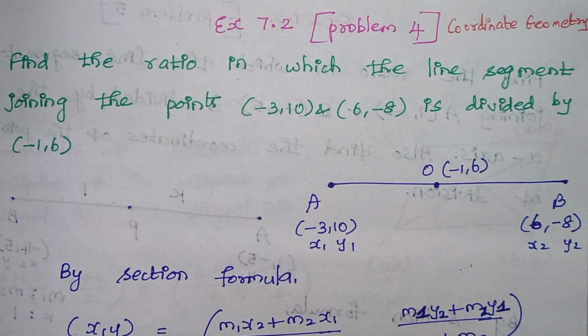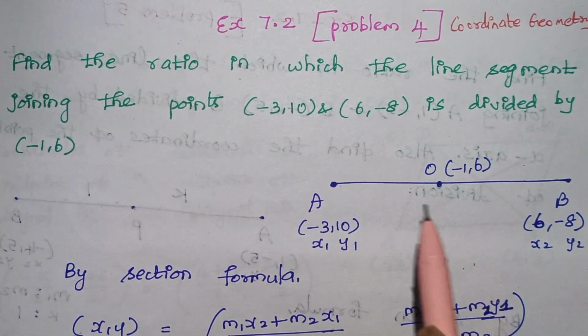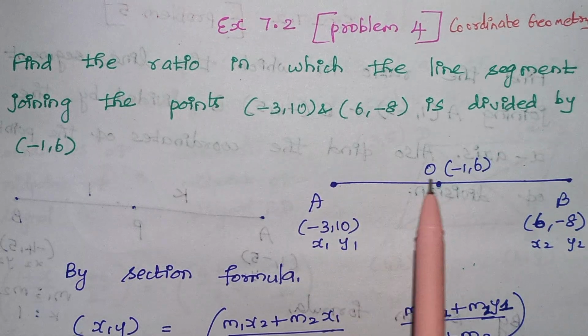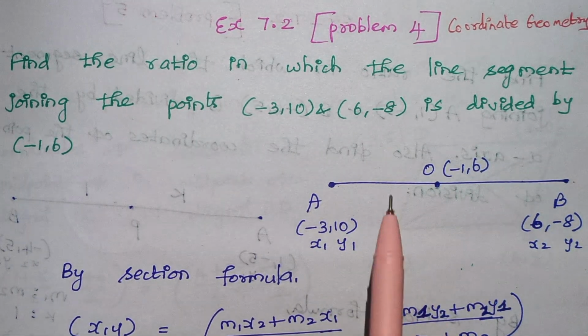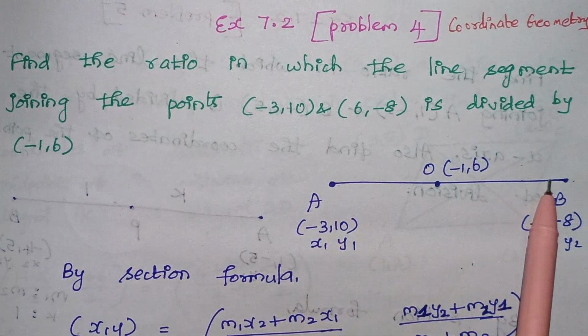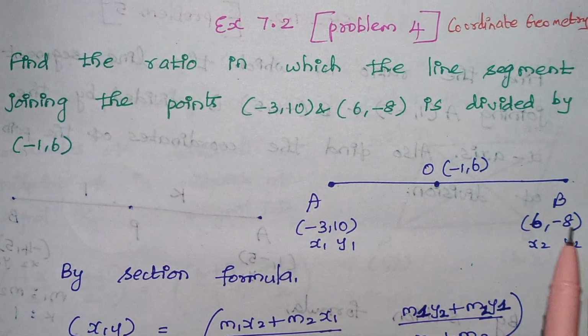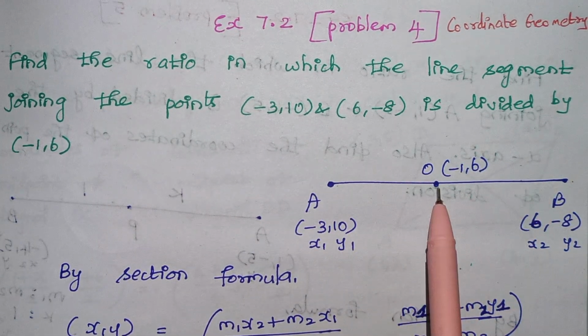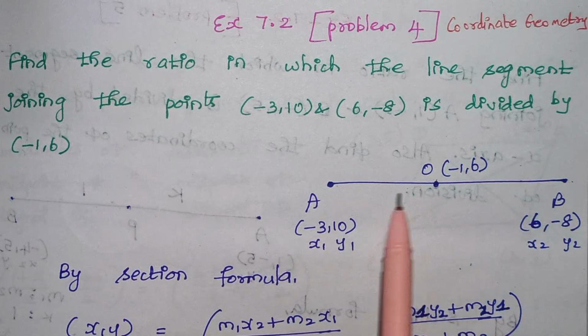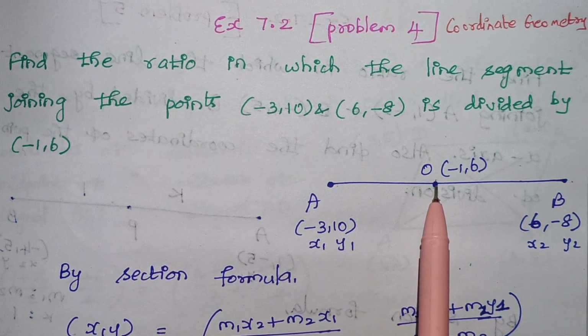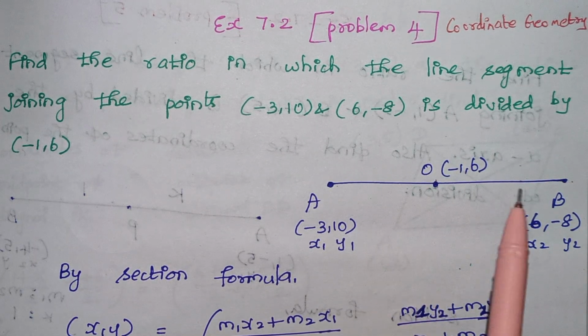So here, what do you mean by ratio? You see here this is the line AB, or for example you may take a chocolate, right? Take a Munch or something like that, a bigger one. We are dividing this chocolate between siblings, right?